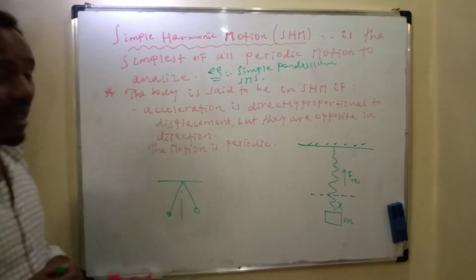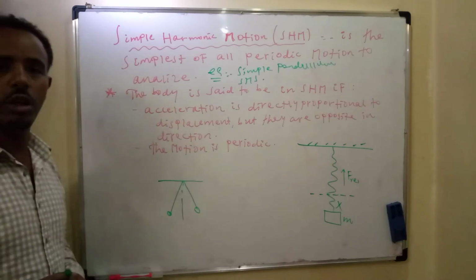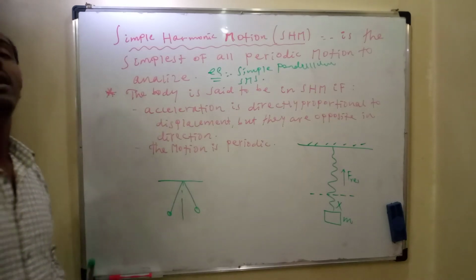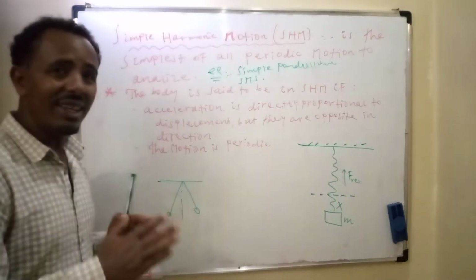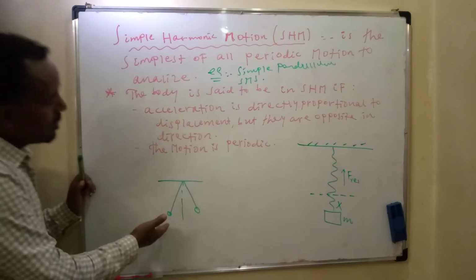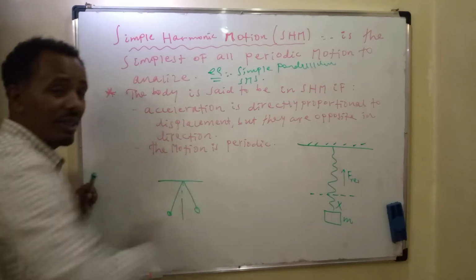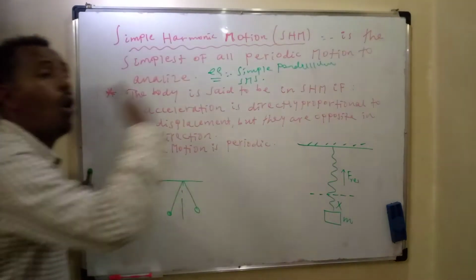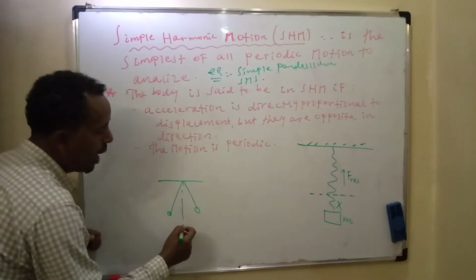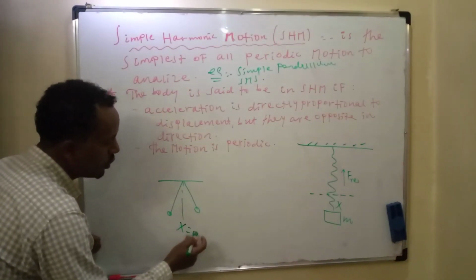The other characteristic of simple harmonic motion is that the acceleration is directly proportional to displacement. The bob of the pendulum oscillates here and there. It has its own acceleration and displacement. Displacement at the equilibrium position is 0.